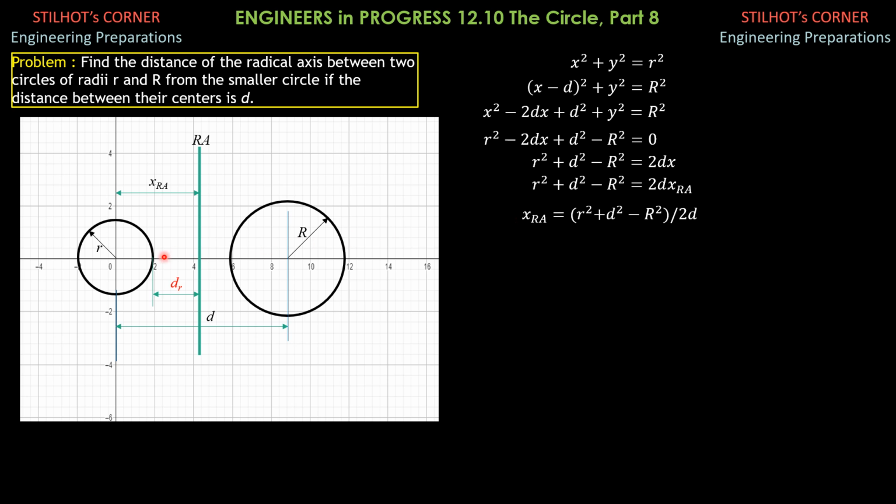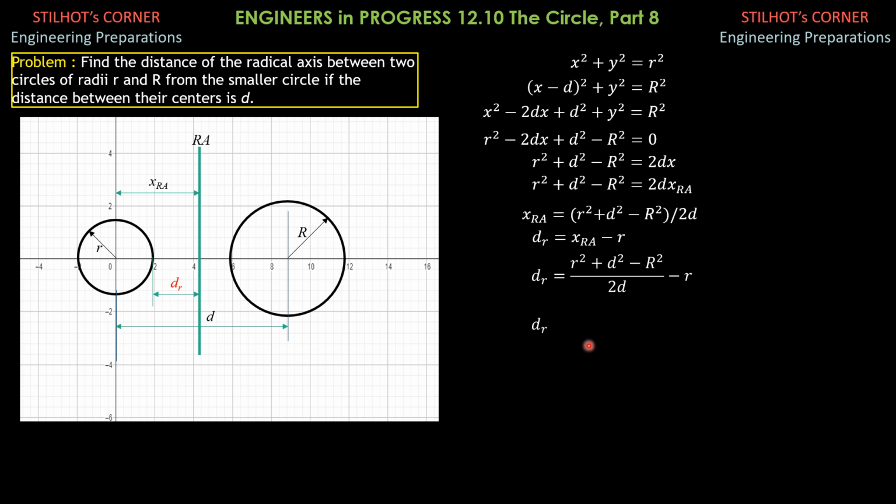Then, from the figure, d sub r is equal to x sub ra minus the radius of the smaller circle. So this distance is x sub ra minus small r. So substitute x sub ra, which is equal to this, small r squared plus d squared minus big R squared over 2d, minus small r.